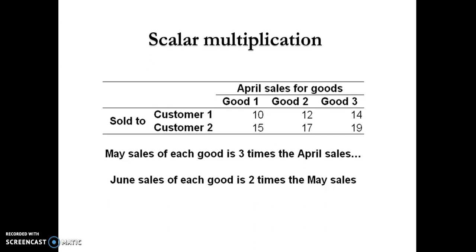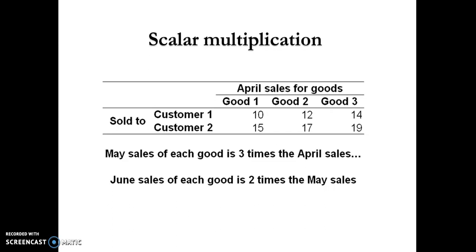Now you are told that the sales for May of each good, these three goods, is 3 times the April sales. And then you are also told that the June sales of each good is 2 times the May sales. So how can we use matrices to determine the total sales of these 3 goods to these customers in May as well as June?